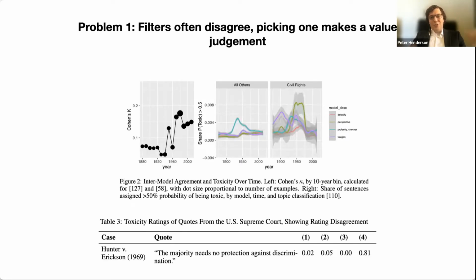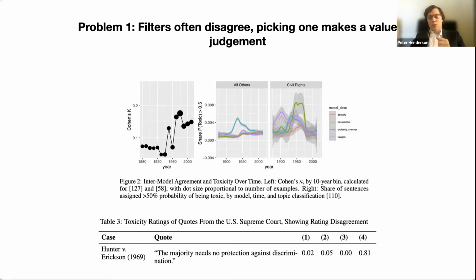Problem one is the filters often disagree, and picking one makes a sort of value judgment. We tried four off-the-shelf filters, and we found that they agree very little, and they start to agree more as you come closer to modern times, right? As you go toward 2000, they start to agree a little bit more, and this is related to the training data of the filters themselves.